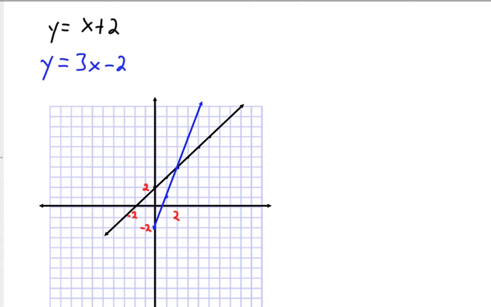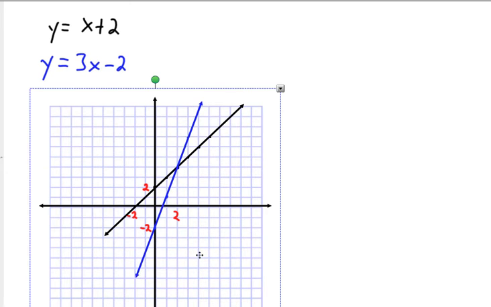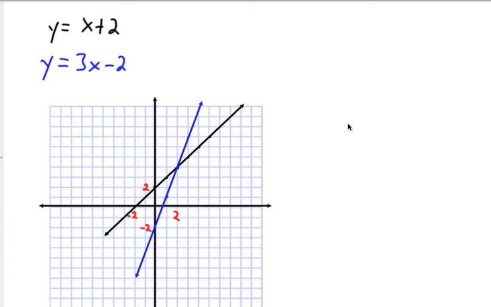Don't forget to extend it out in both directions and have an arrow on it. There we go. So we can see here that these two equations are intersecting at this point right here, which is 2, 4.